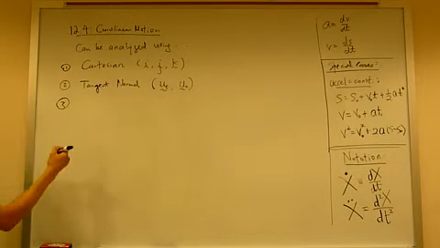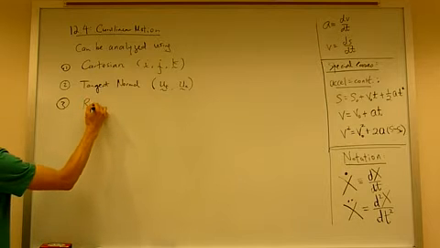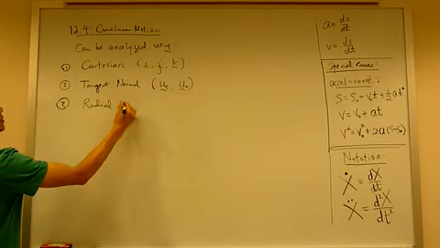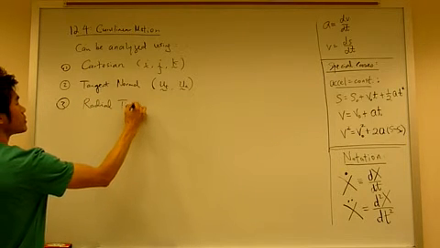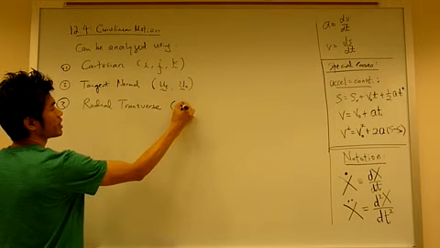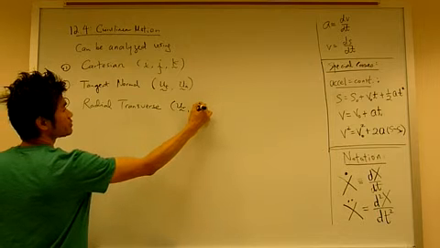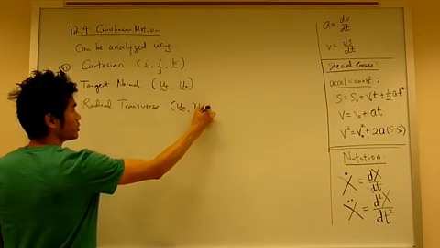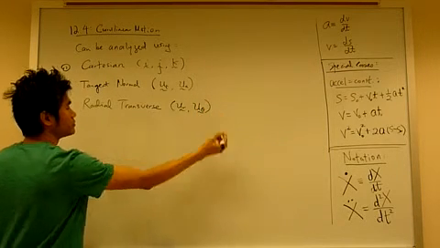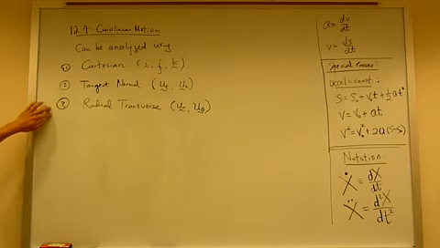The third coordinate system you can use to analyze curvilinear motion is called the radial and transverse coordinate system, with the radial unit vector being u_r and the transverse being u theta. We'll explore each one of these.